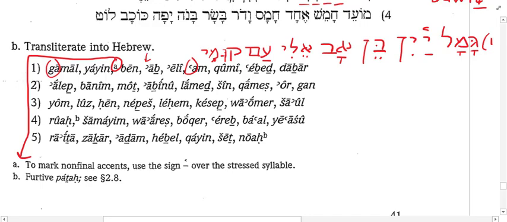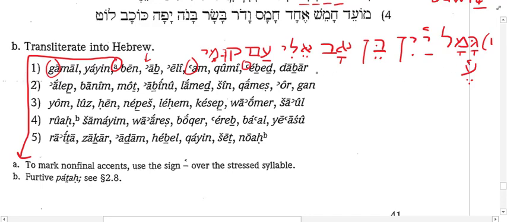Next I have the word eved. This is an ayin here. So we'll come back here to the next line. Ayin with an E and no macron over it, but there is an accent. So I'm going to put the accent mark over the ayin, whose vowel is being stressed.